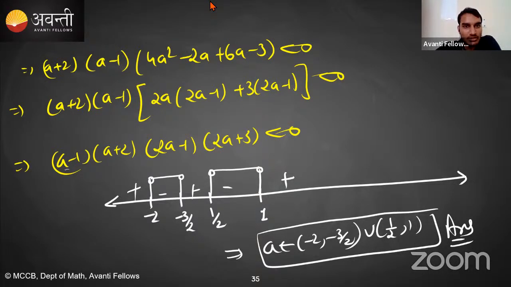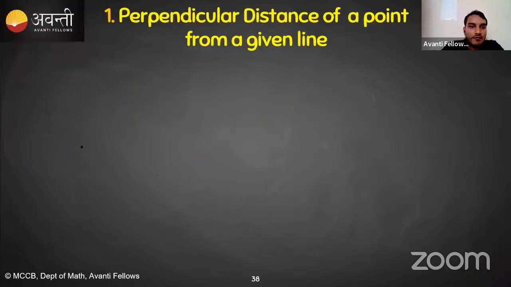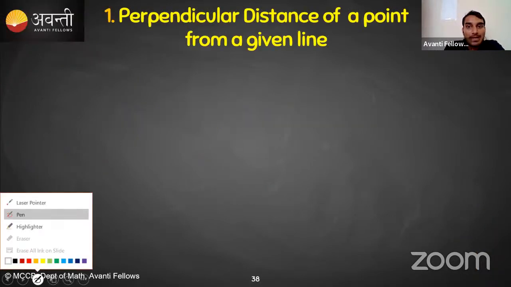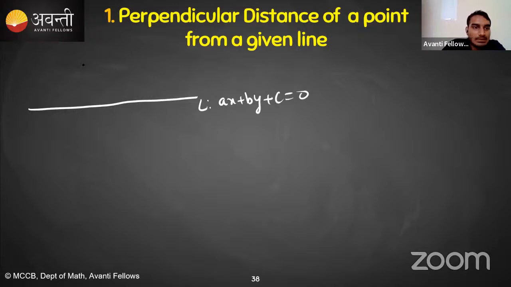Now we will see the perpendicular distance. First is the perpendicular distance of a point from a given line. Let's say a line is given, ax plus by plus c is equal to 0, and the point P is given, h comma k.